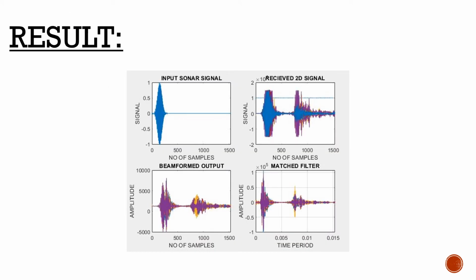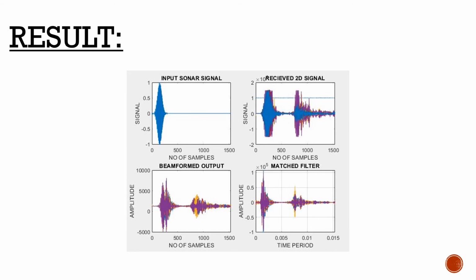This slide shows the output of applying the code to the NIOT data. The first graph shows the input signal, that is the signal transmitted by the NIOT to find out the interferences or the depth or the buried object. The second graph shows the received data from the 8 hydrophone arrays considered.